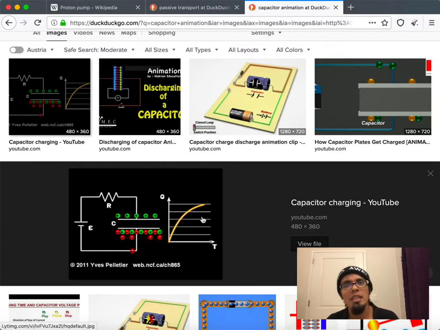You can't create energy from nothing, right? There's going to have to be an electric field that's generated here, and that electric field is maintained by a difference in charge from negative to positive. So there exists an electrical potential difference within this capacitor, right?